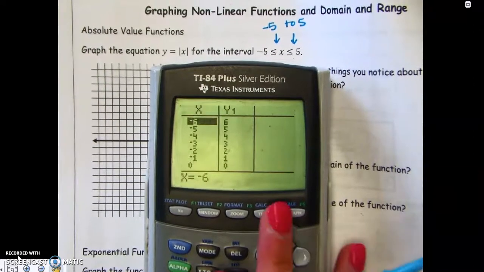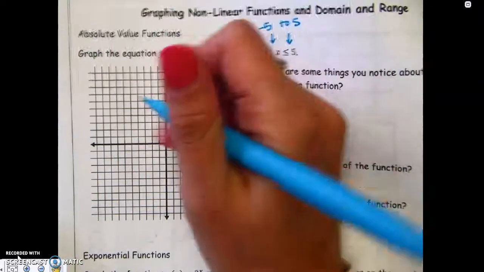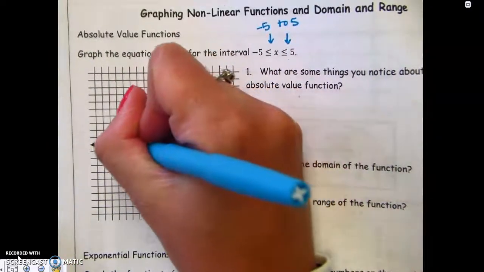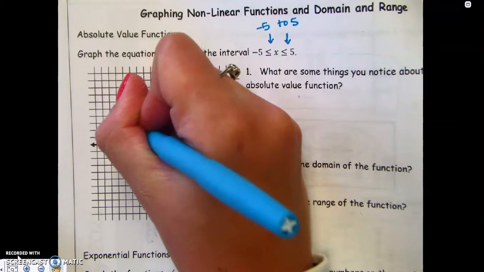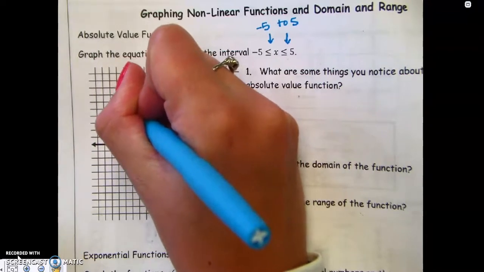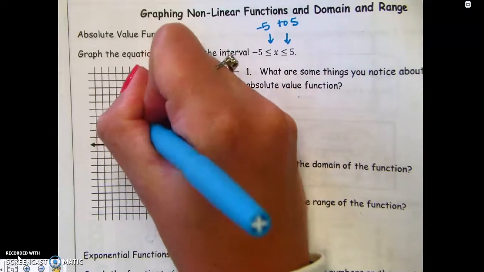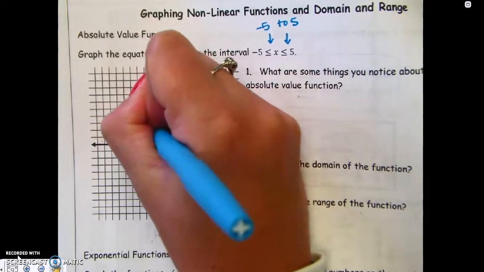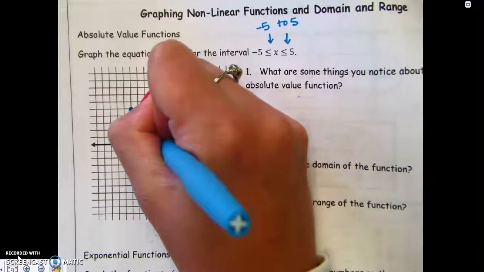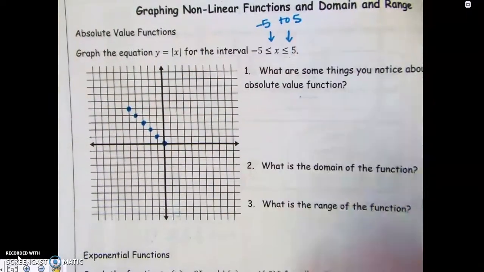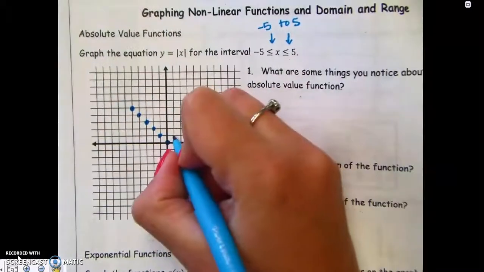So -5, 5 would be my first point. And then I have -4, 4. And if you see, it'll just kind of make like this V here. Like that. And then it starts to go back up.